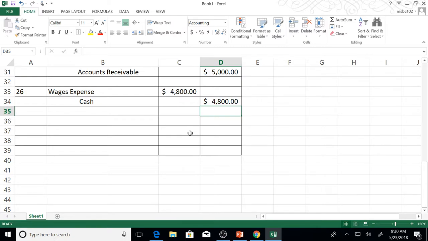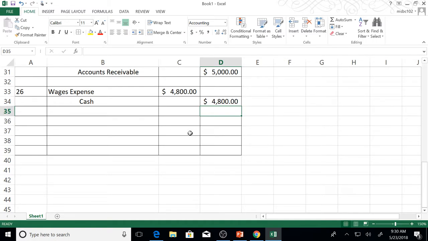What comes next? The 30th, they receive but do not pay a utility bill that's due next month for $680. Don't open the next page now. Blue Design Studio receives, but does not pay.